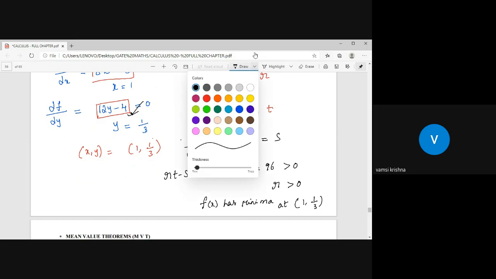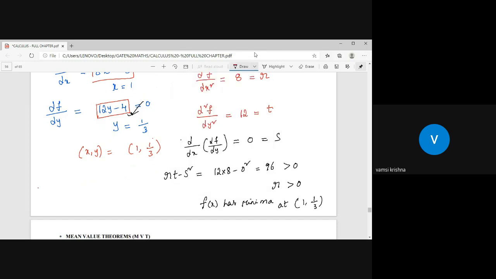Okay, sir, I accept this function is having a minimum value. That's okay, fine. So what is that minimal value? If you ask me what is that minimum value, you just substitute in the given function f of 1 comma 1 by 3. So substitute in the function. The given question is 4x square plus 6y square minus 8x minus 4y plus 8. So this is the question.